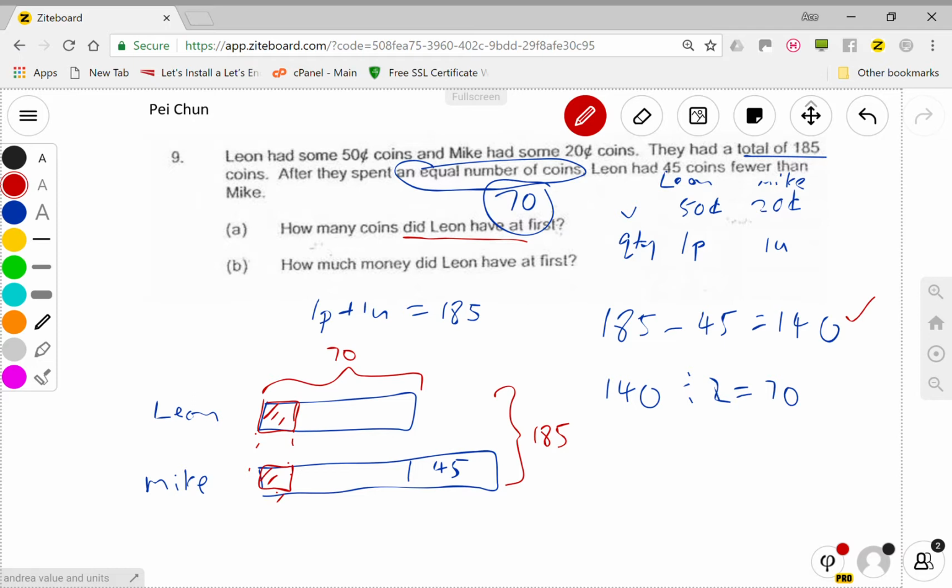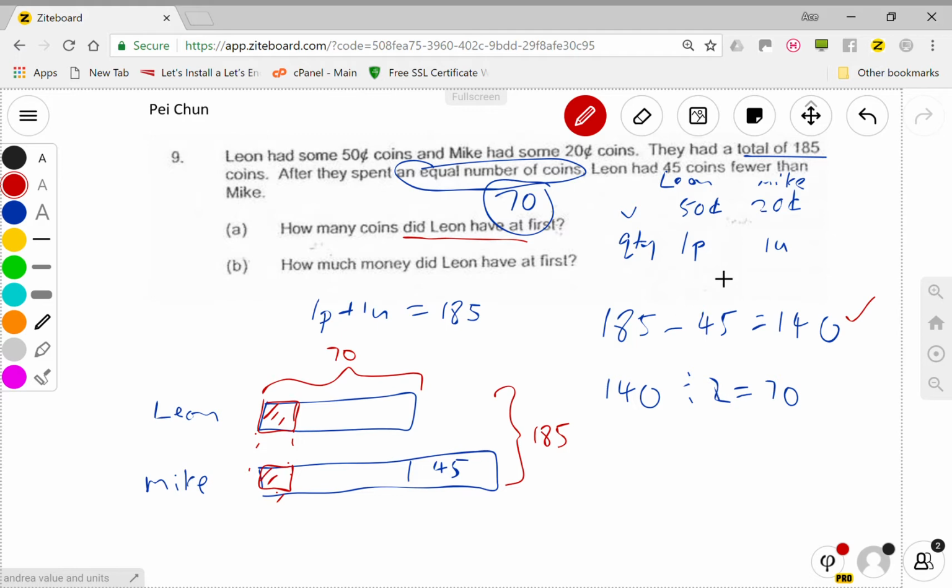Can you see that? This question actually threw me off direction for a while because I thought it was value and units. My first setup was, okay, this looks like value and units, so I tried to do it this way. But then eventually I realized that it's wrong. It's not value and units, it's just a normal diagram comparison.